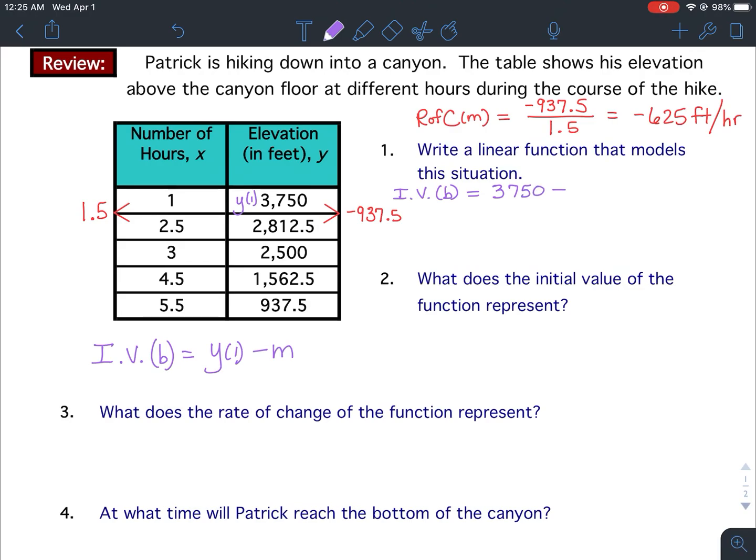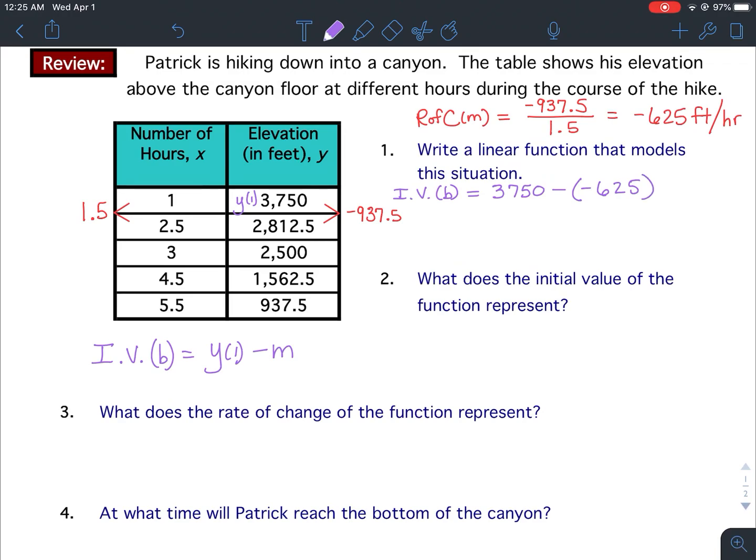Now be careful, this is not correct. It's not 3,750 minus 625, it's minus negative 625. So you have to make sure you're putting parentheses and putting negative 625, and that makes a huge difference.